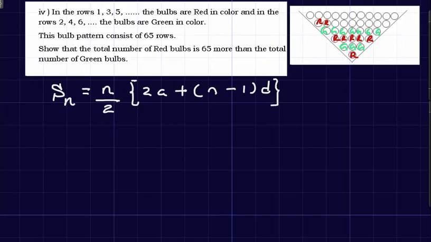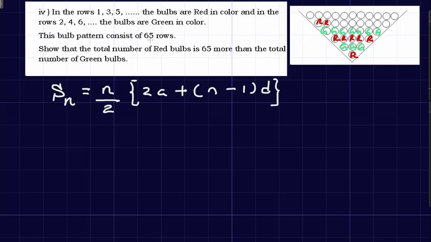So then we are trying to find out the total number of bulbs in this pattern. So then how many rows are there in this pattern?